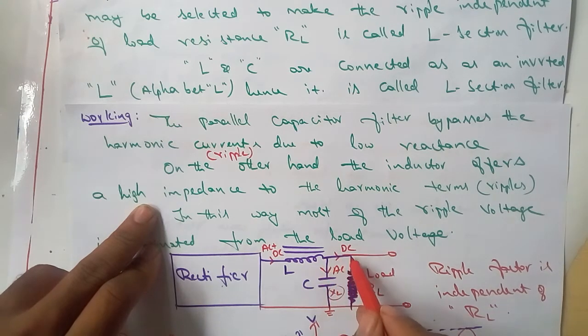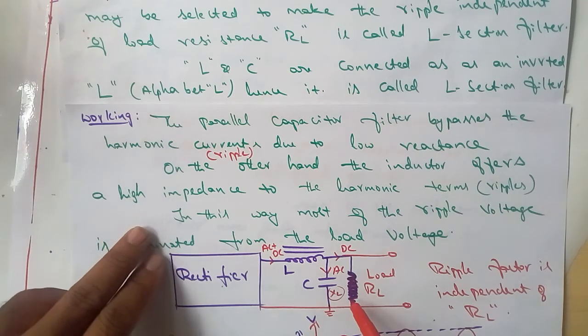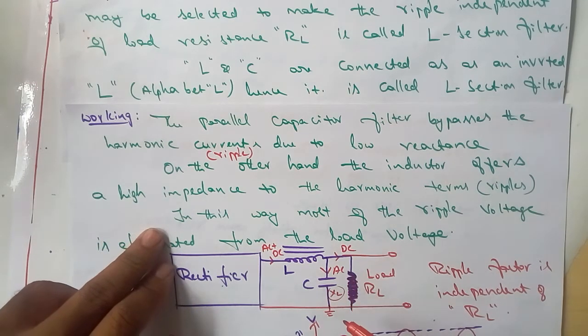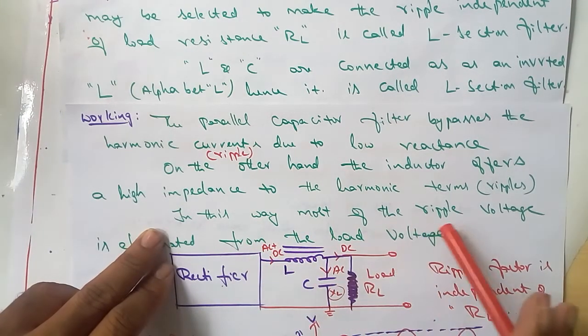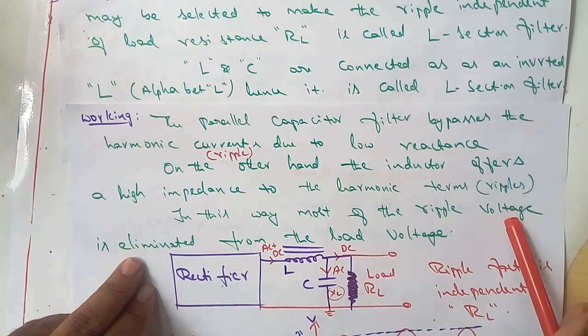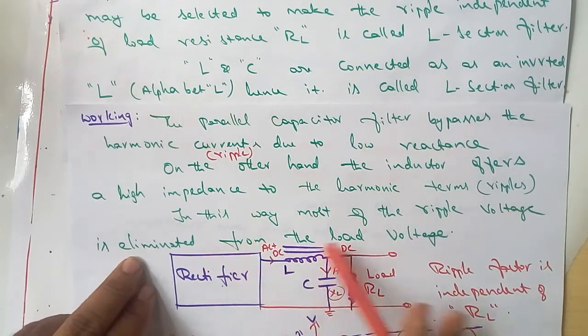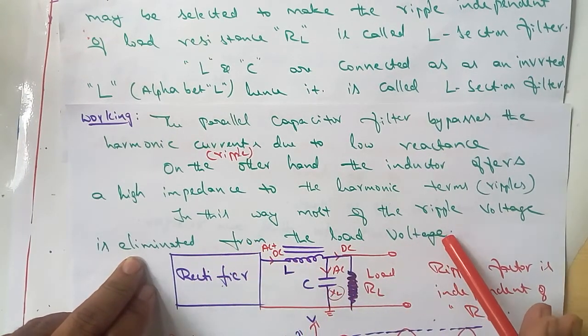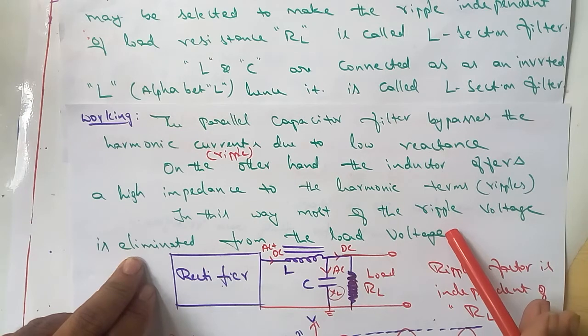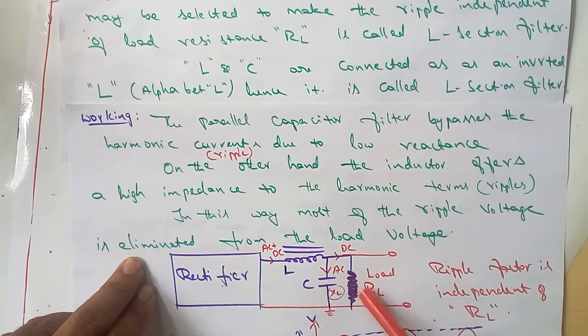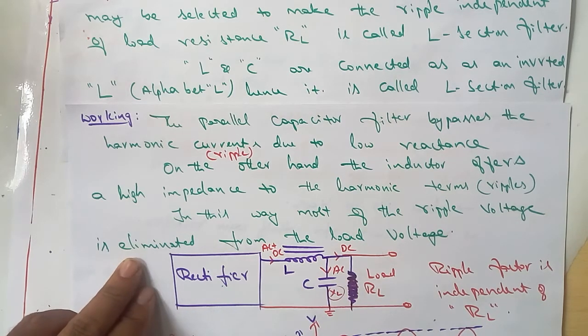Only DC remains, and that DC component is taken by the load resistor. This is the working phenomenon. In this way, most of the ripple voltage is eliminated from the load voltage, so a ripple free output comes from the load. That is the working of the L section filter.